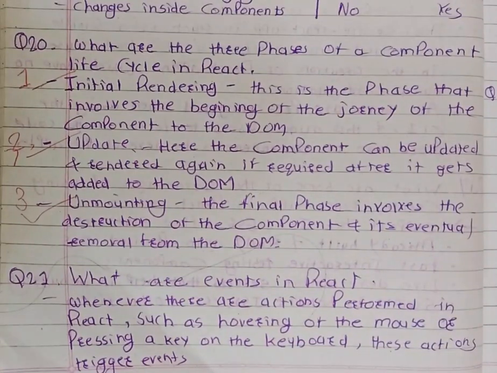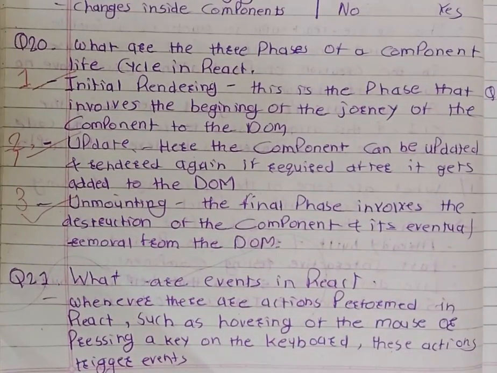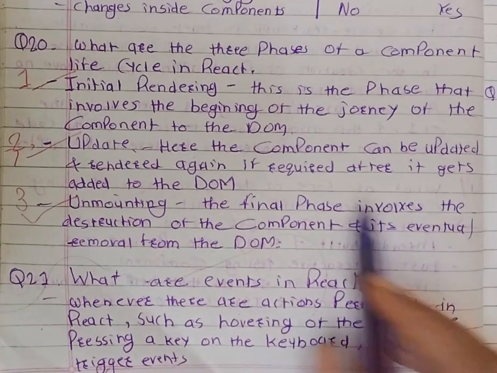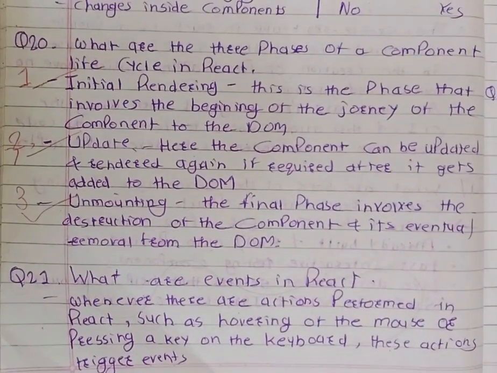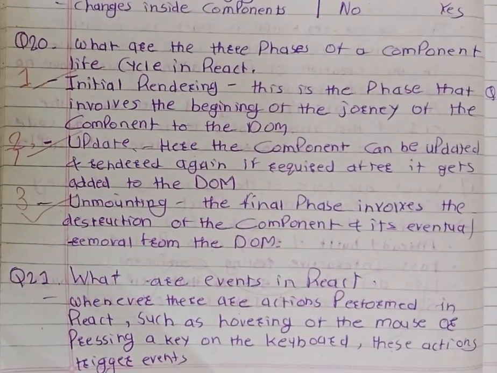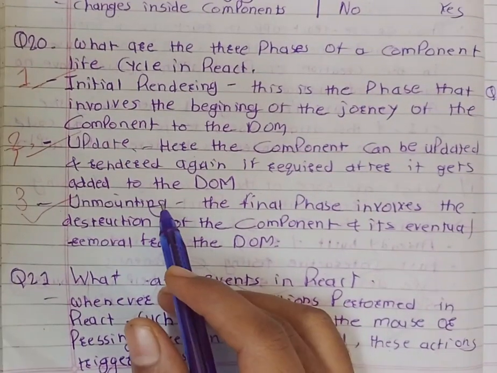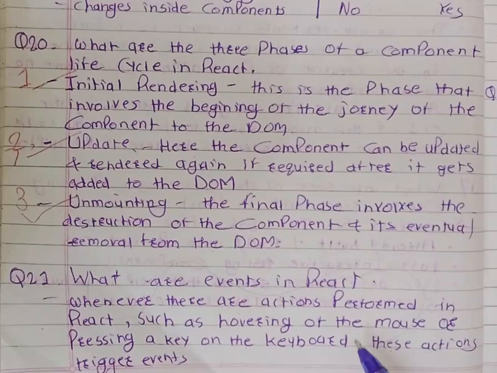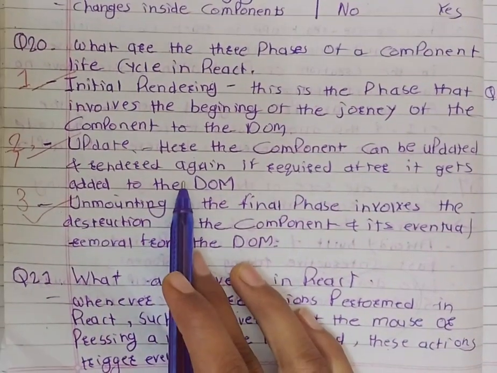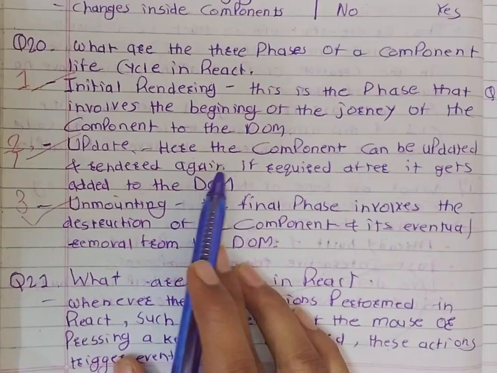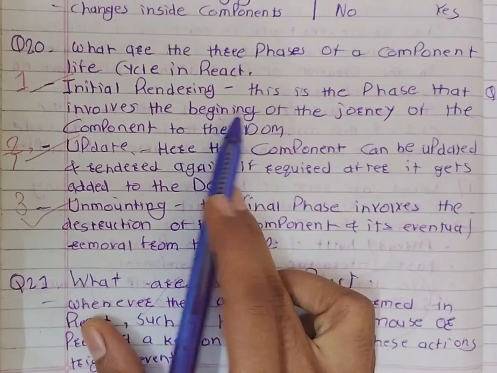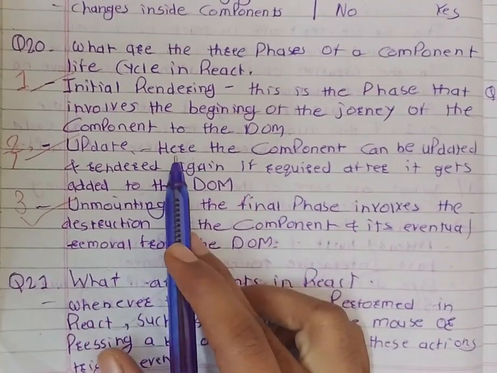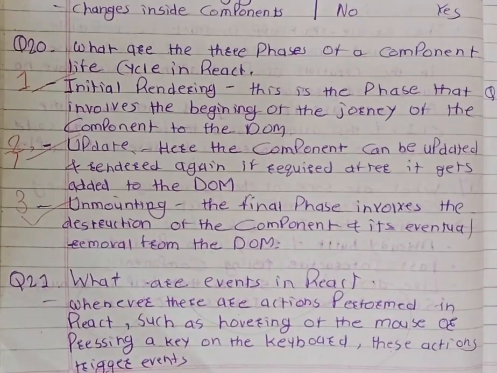Then updating: components can be updated and rendered again if required after they get added to the DOM. The next phase for this dynamic component is updating. If any changes happen, it provides some methods for the update, just as it has methods for initial rendering, or mounting.